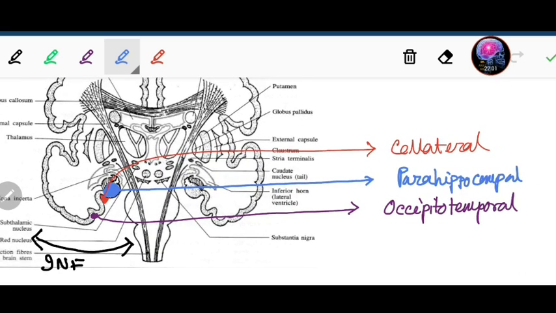If you trace the parahippocampal gyrus and go further medially, we will see that the parahippocampal gyrus is overlapped medially and above by another gyrus that is called the dentate gyrus.